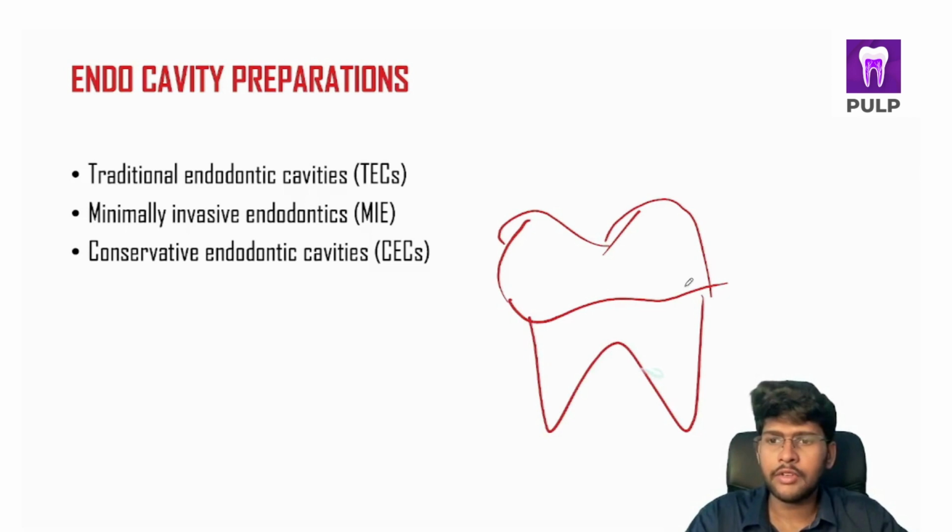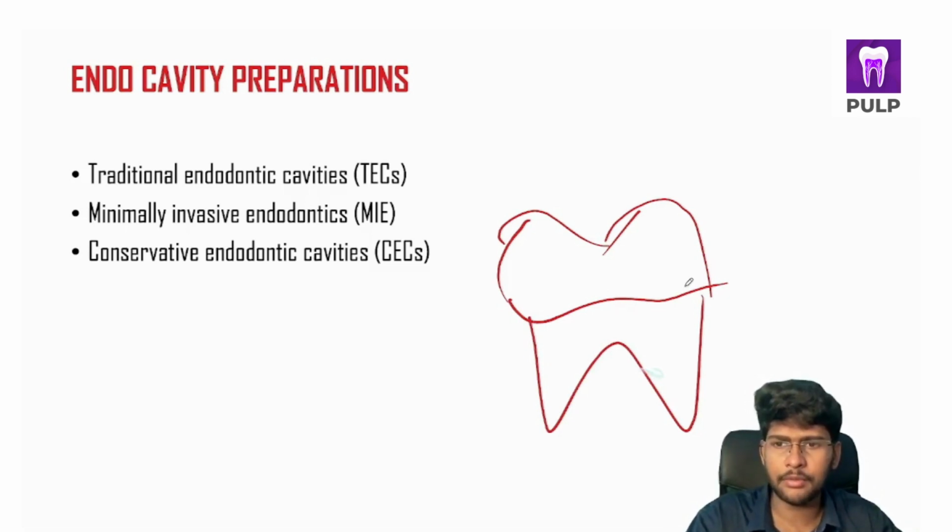book. When it comes to minimally invasive endodontics, it is a type of traditional endodontic cavity preparation, but what you do is you try to preserve the cingulum of the tooth, you try to preserve the ridges of the tooth.